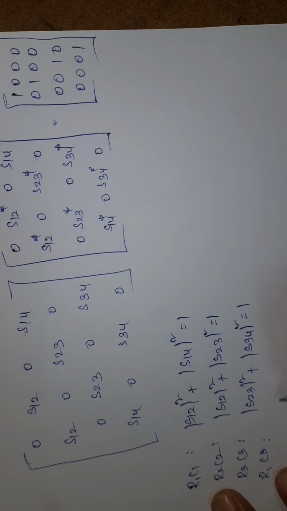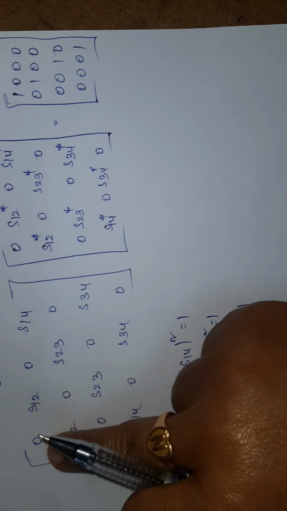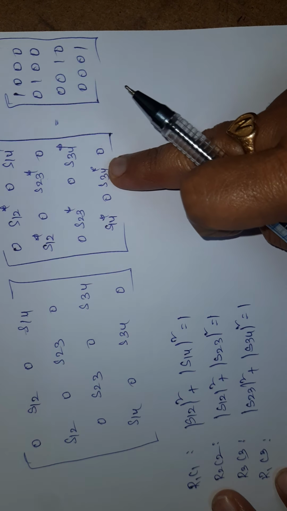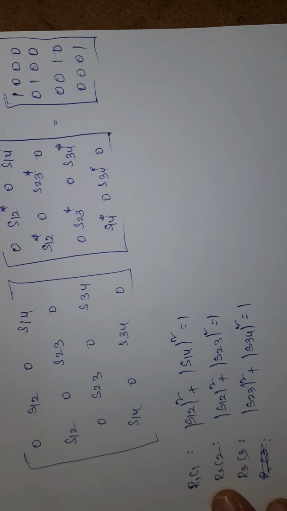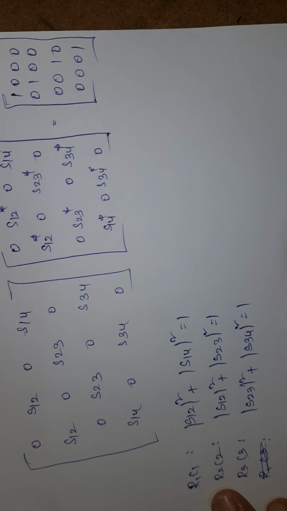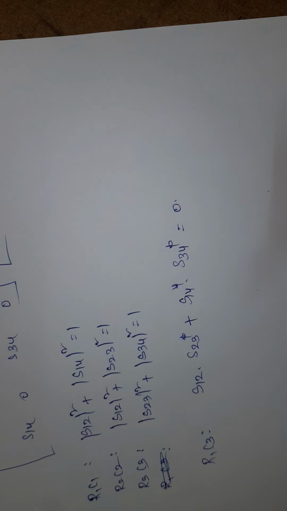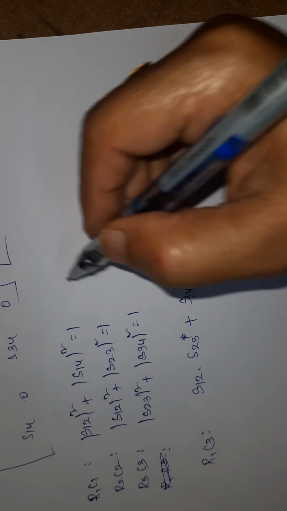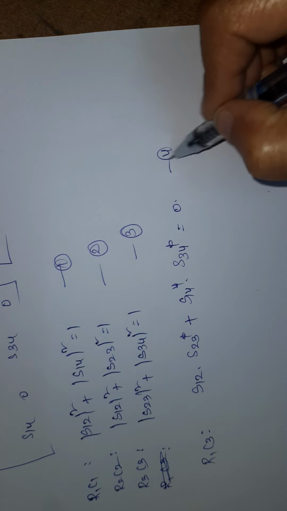R1 C3: S12 into S23 star plus S14 star into S34 star is equal to 0.